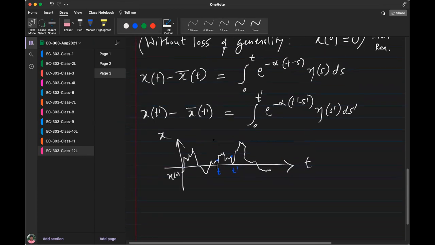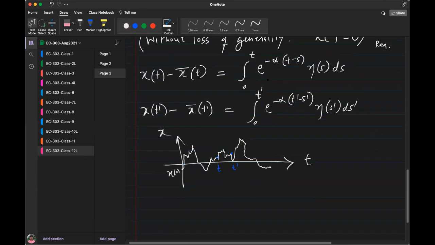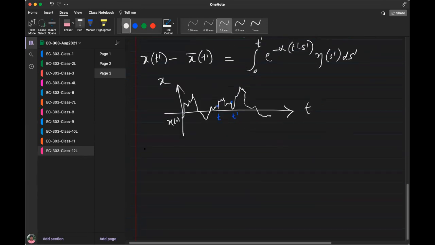Now we know that the difference of xt from x average is this, and the difference for t prime is this. Let's now plug this into the covariance expression. It will now basically become the average of these two integrals.